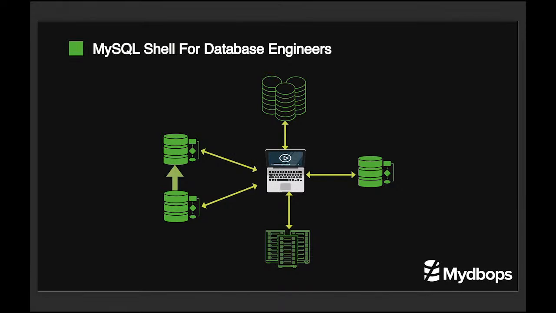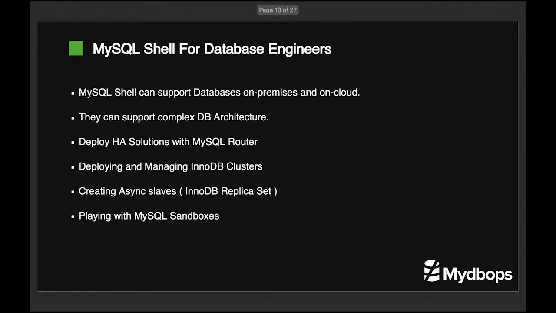So a single tool, right? With a single command, a DBA doesn't have to log into multiple machines. They can just switch the connections and do the operations instantly. Of course, it can support complex DB architectures, like checking their health.